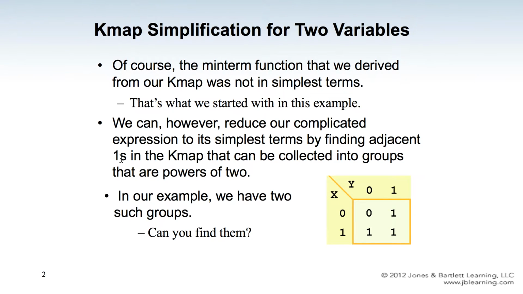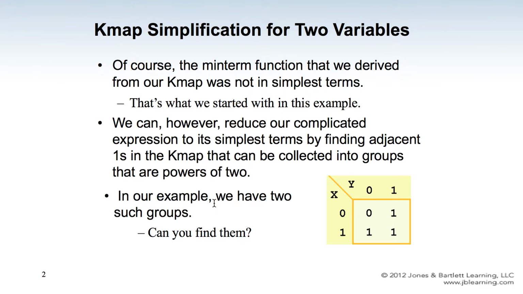Adjacent ones in the Kmap can be collected into a group, and the number of ones in that group is going to be a power of 2. Power of 2 means it can be 1, 2, 4, 8, and so on. We can show it through our example later on.